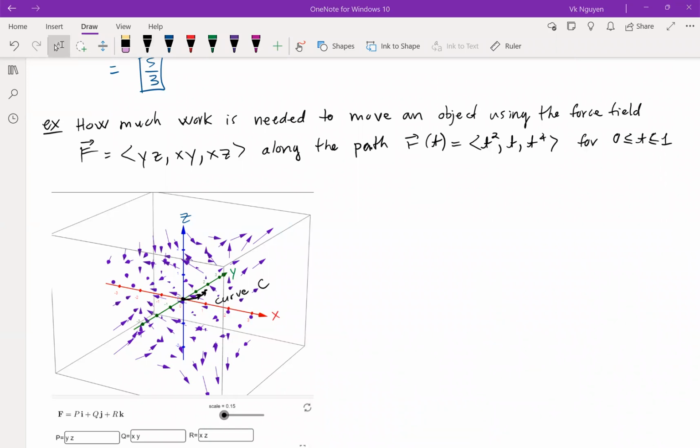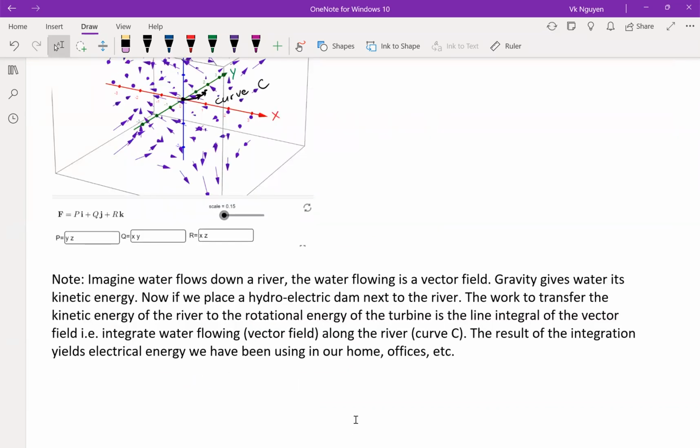Okay. If you work it out, the answer is 131 over 140. A nice note to close up, what exactly are we doing here.